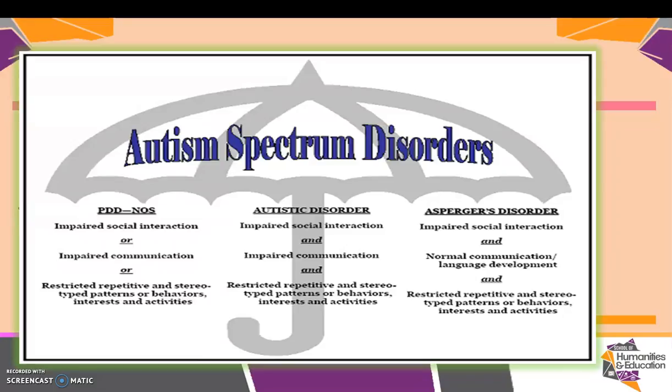But with the revision of the Diagnostic and Statistical Manual, with the latest version being the DSM-5, all 3 categories have been merged into a single diagnosis, now known as autism spectrum disorder.